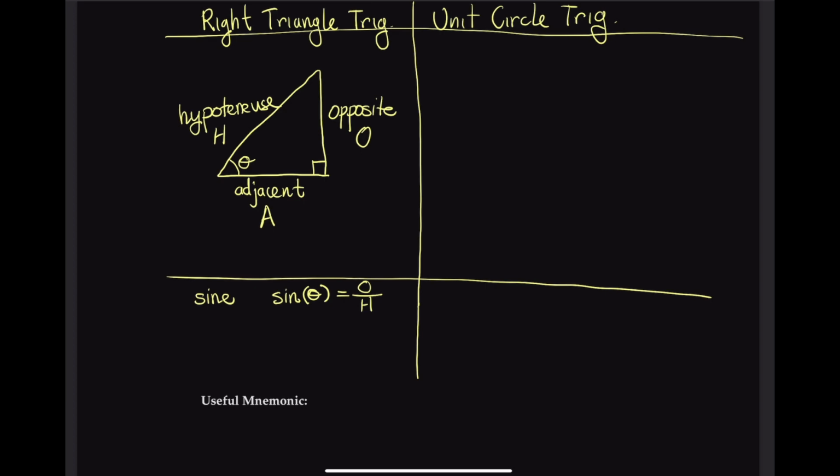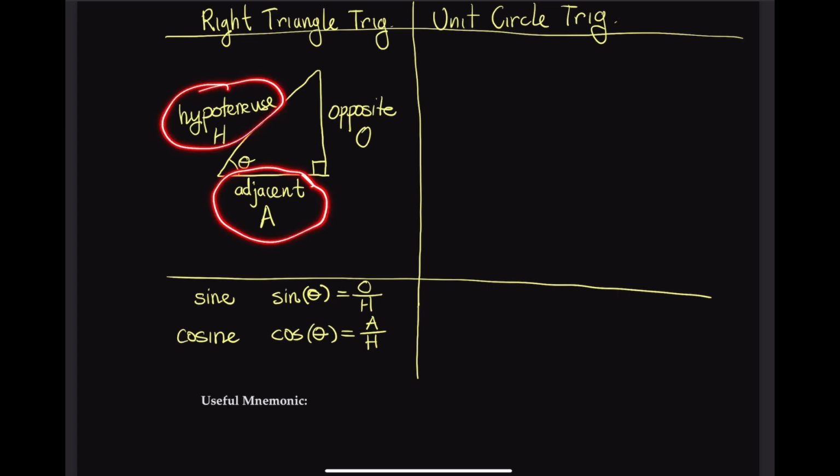The second trig function is the cosine, written as cos of theta, and that is going to be the adjacent side over the hypotenuse. So it's a ratio of two of the three sides, again, the adjacent side over the hypotenuse. Now the third one is the tangent function.